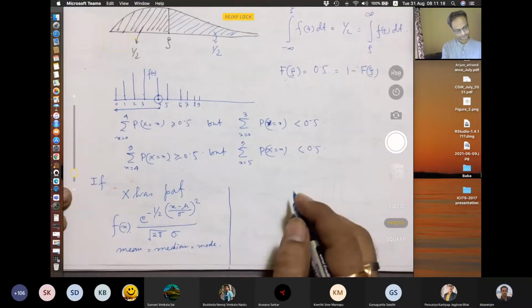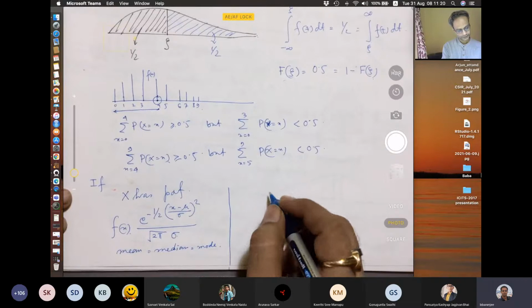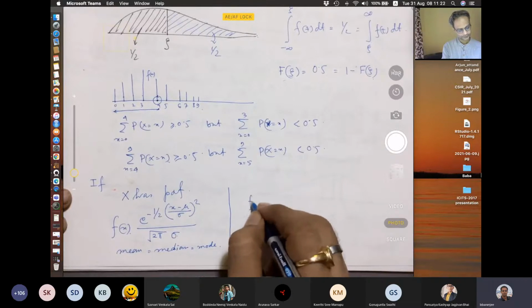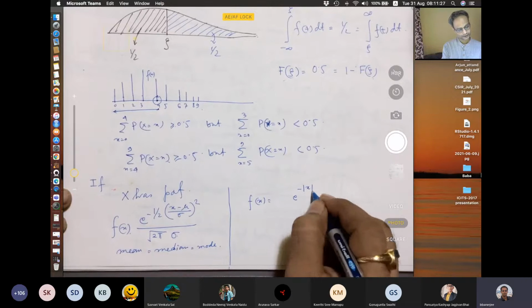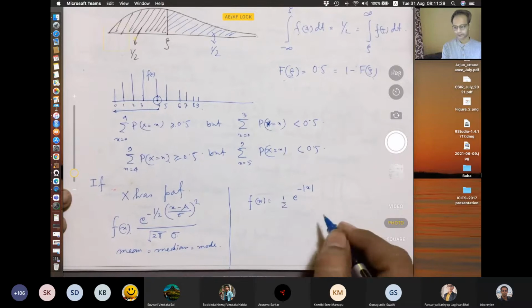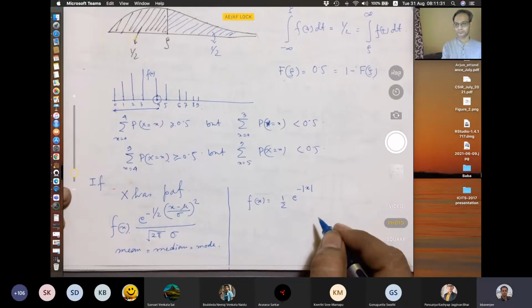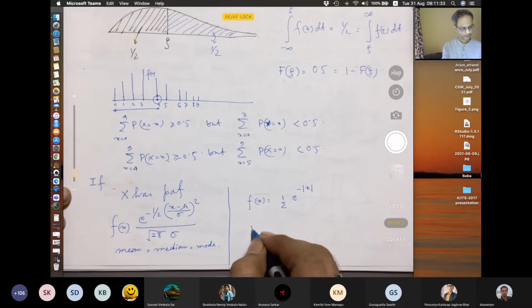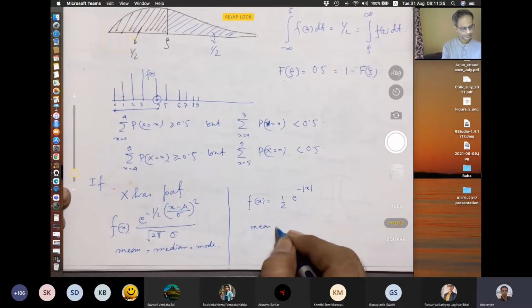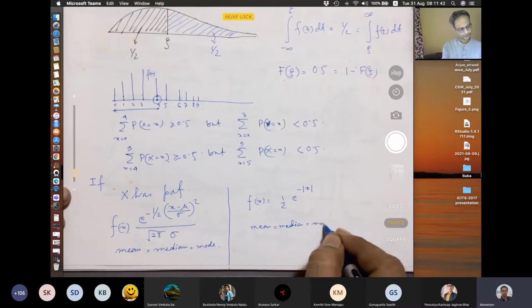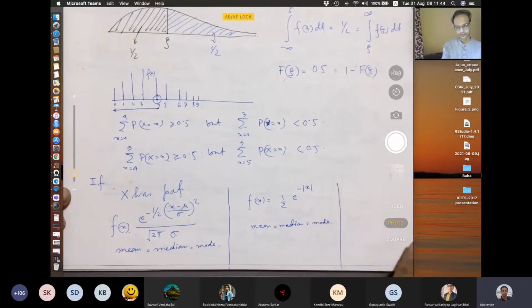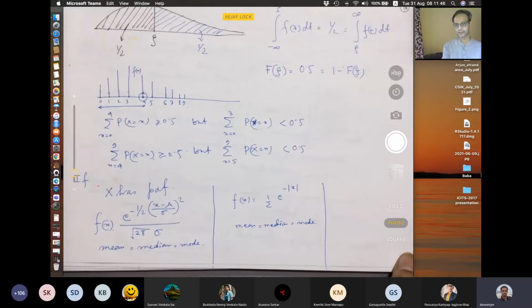Similarly, if X has PDF proportional to e to the power minus mod x, then also mean, median, and mode are the same.